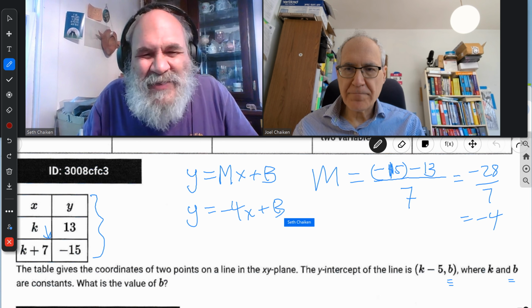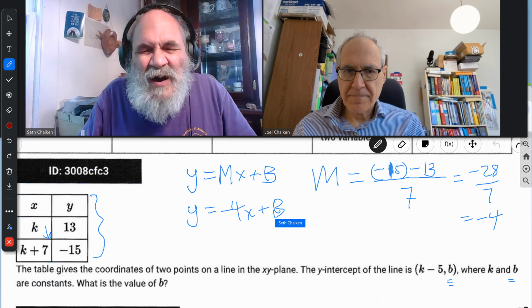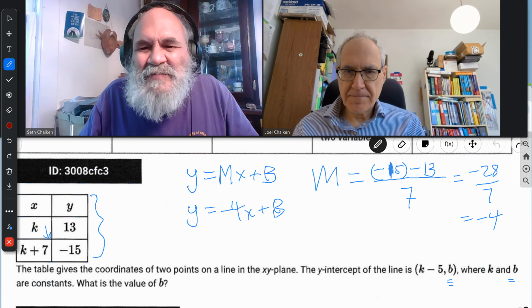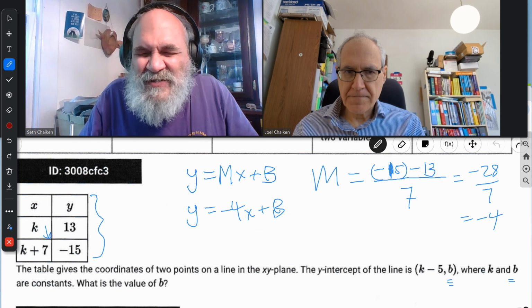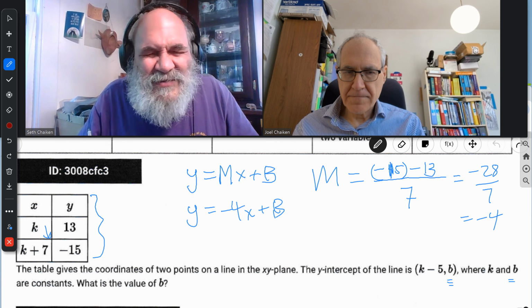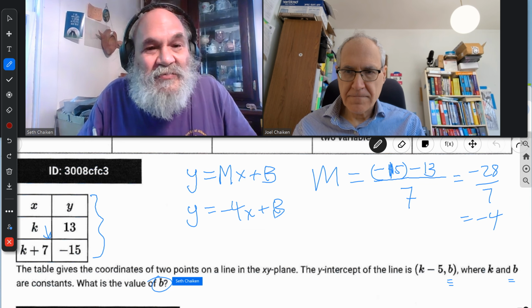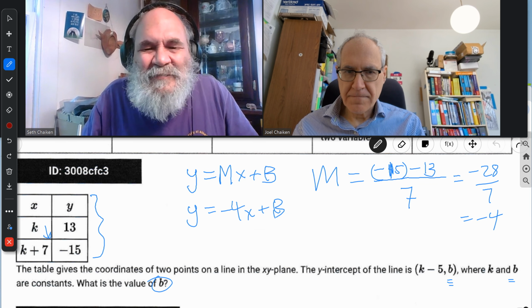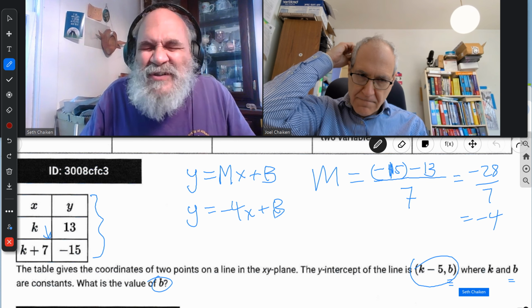Now, I relate it to the rest of the data. The y-intercept is (k minus 5, b), lowercase b, where these are constants. And the question asks, what's the value of b? So I just put in the data. The y-intercept means it's a point on the line.